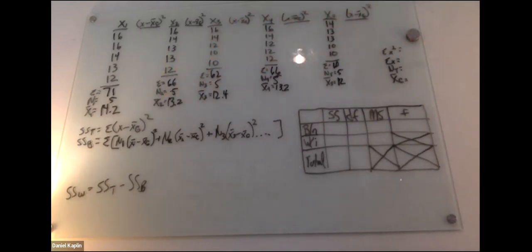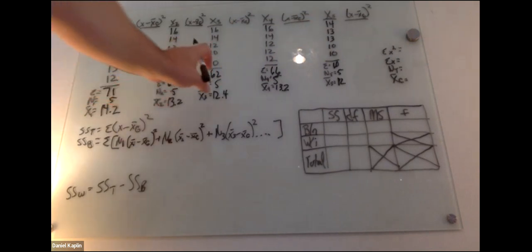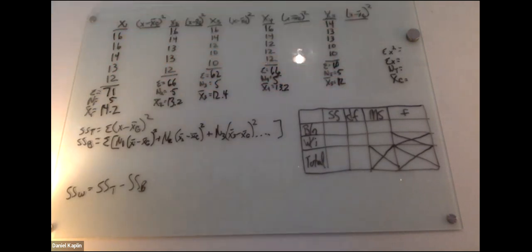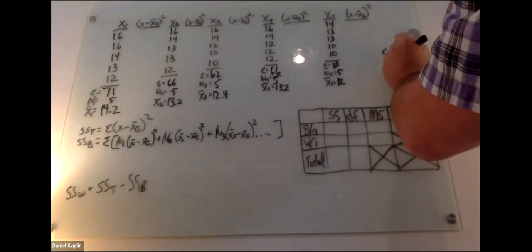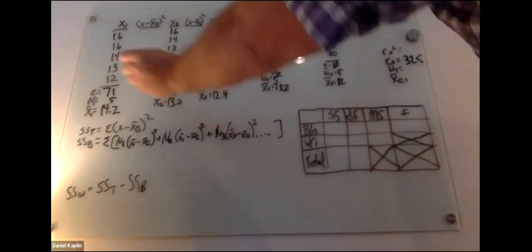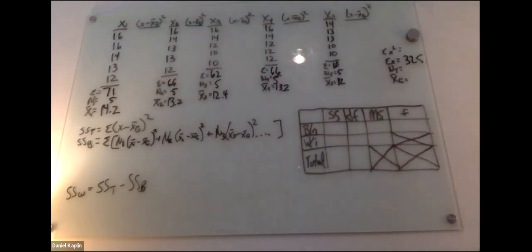So if I were to add up all of my x columns, 71 plus 66 plus 62 plus 66 plus 60, the sum of my x column would be 325. So if you're wondering, how did I get this? I added 60 plus 66 plus 62, 66, and then 71.